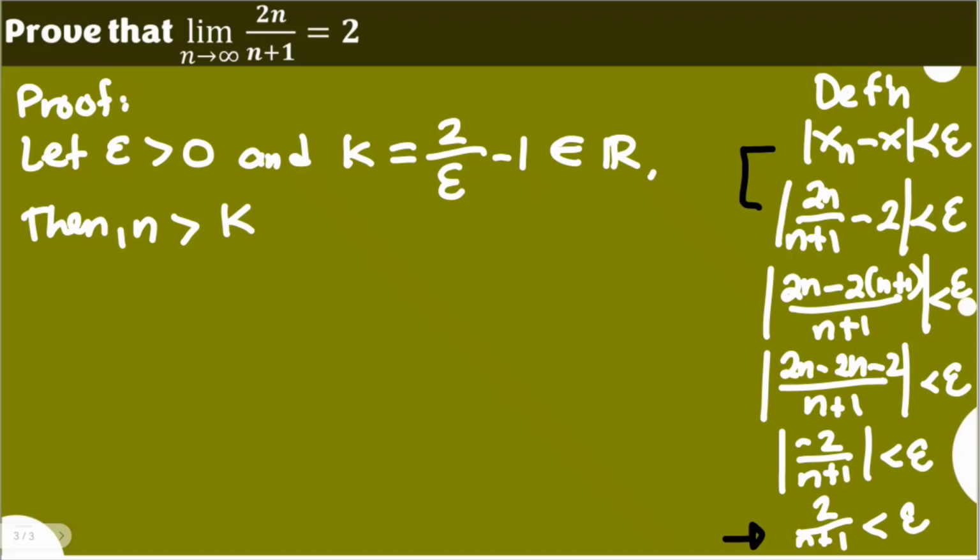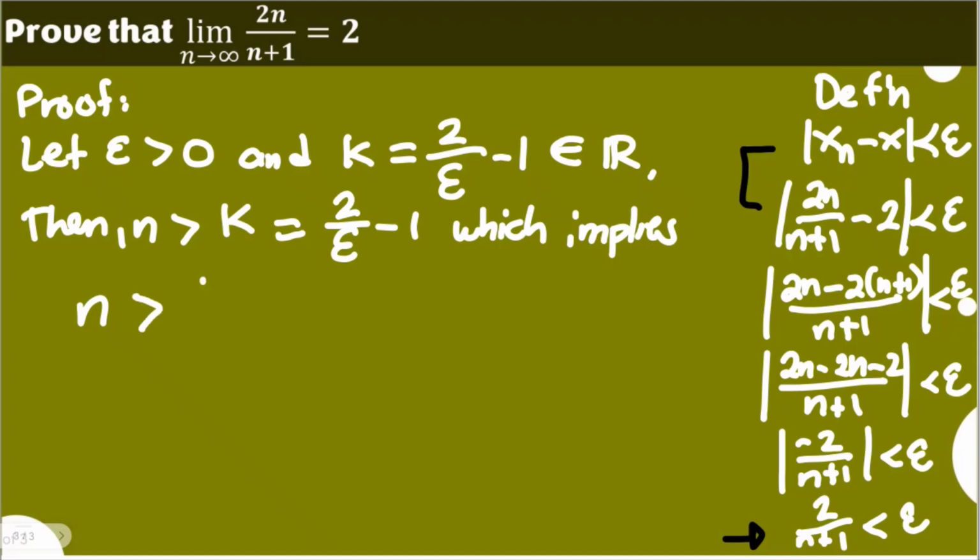If n is greater than k, which is equal to 2 over epsilon minus 1, then this implies that n is greater than 2 over epsilon minus 1.